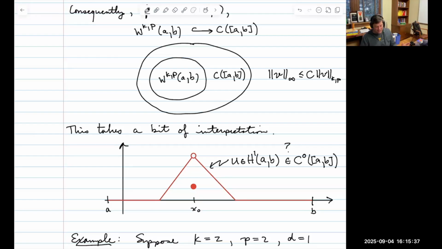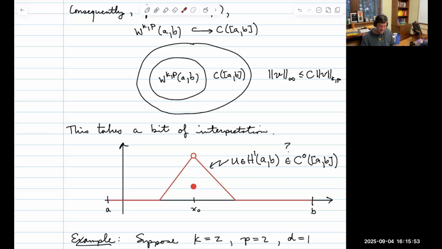At this point x naught, the function that I've shown here is definitely discontinuous. But it's easy enough to see that I could fix this function up by redefining that value at x naught to be the continuous value.